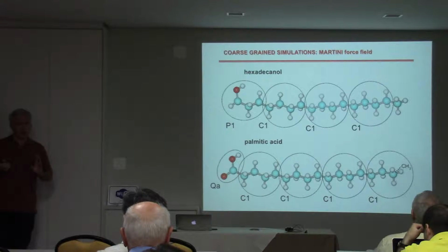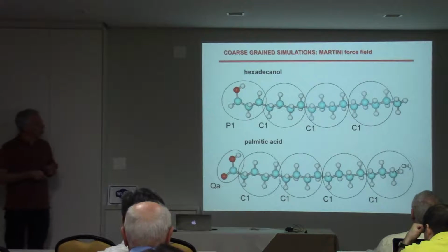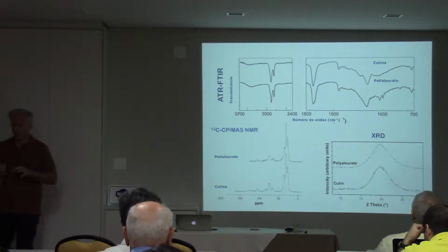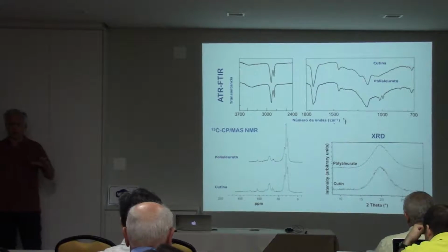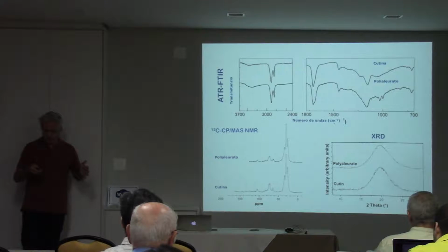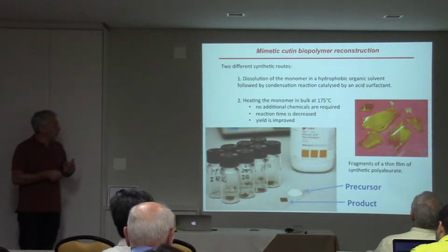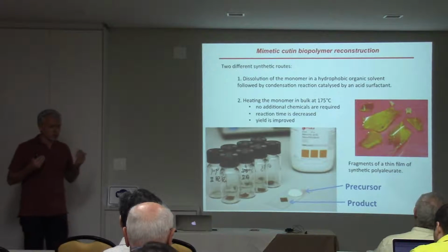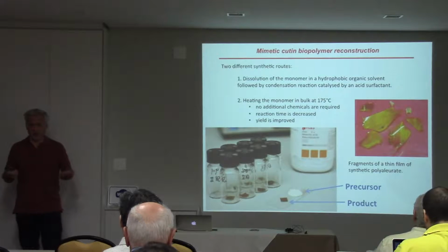From the point of view of the product, it works. When we use this mixture of monomers, the polyester is formed, and we get this plastic. But from the fundamental point of view, the system is more complicated.